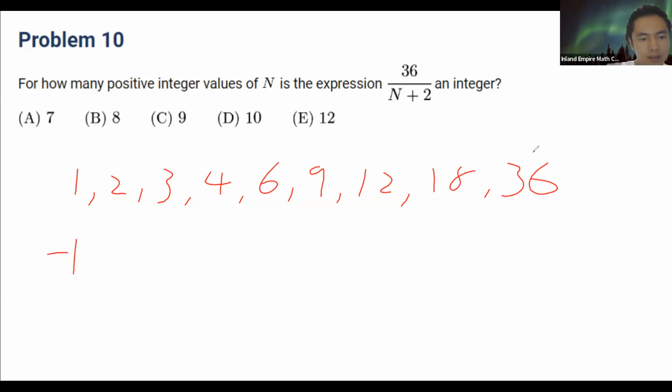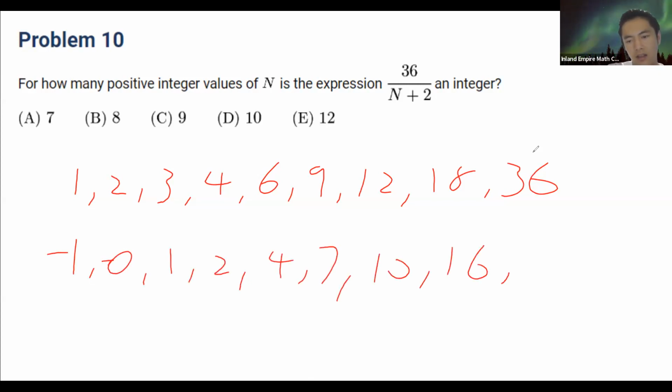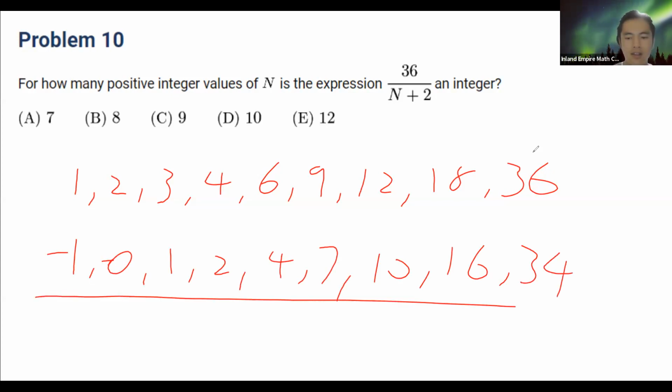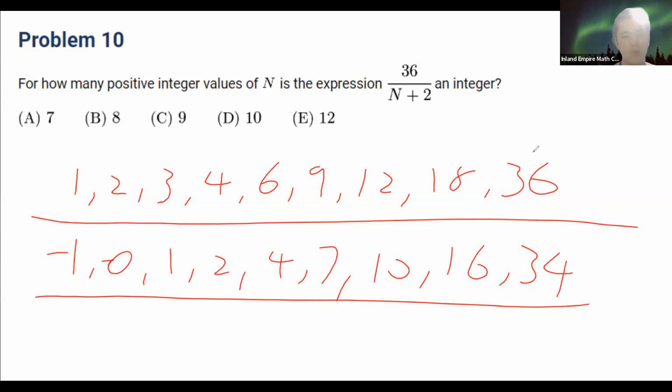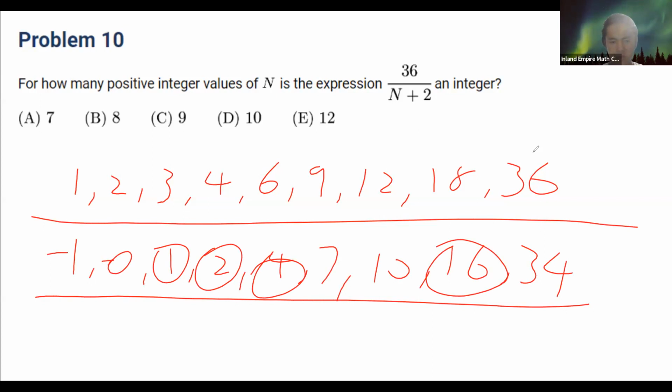So negative 1, 0, 1, 2, 4, 7, 10, 16, 34. The numbers in the second row that are also in the first row will be valid numbers. So 1 works, 2 works, 4 works, 16 works. And so you would look at it like that.